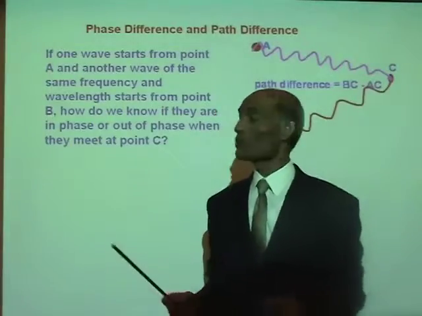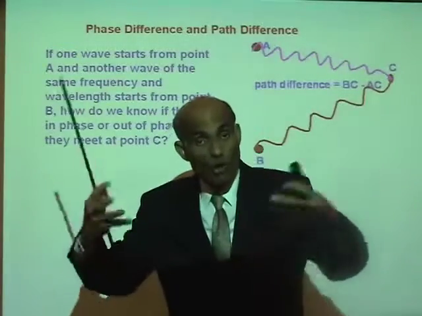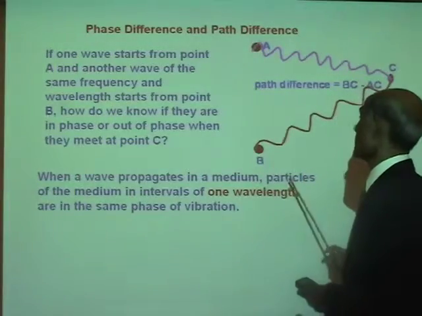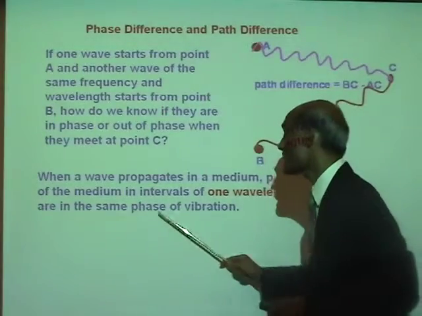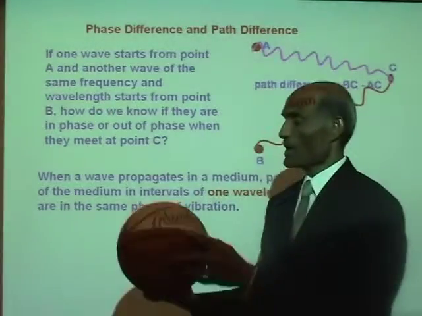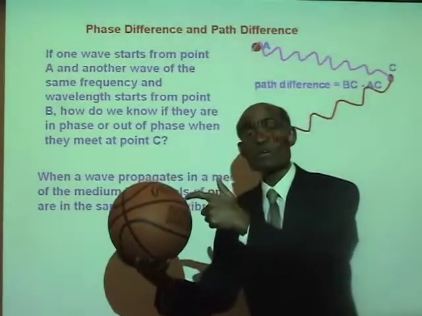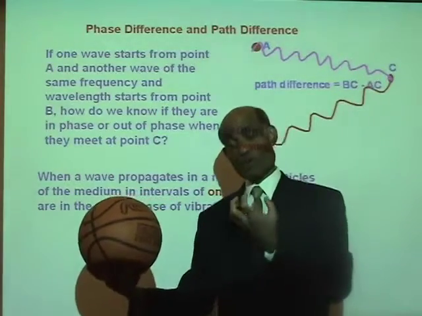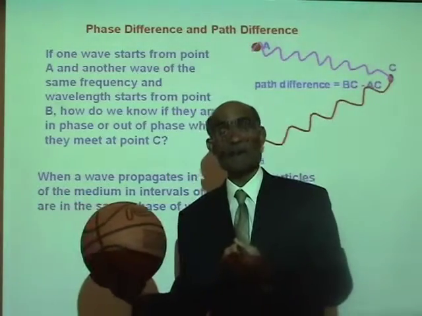Well, when a wave propagates in a medium, particles of the medium in intervals of one wavelength are in the same phase of vibration. Well, that means if one particle has completed one vibration, it is now beginning to start a new vibration. So, if now you got another particle also starting, then these particles are in the same phase of vibration.